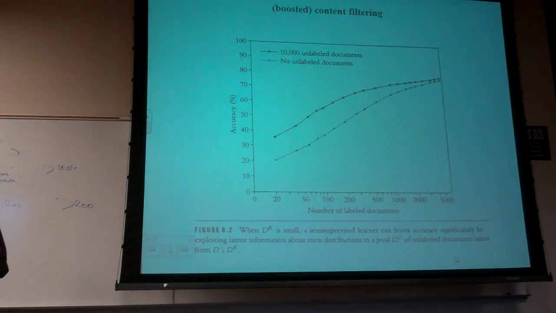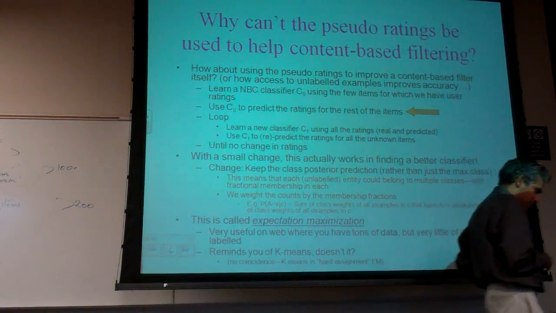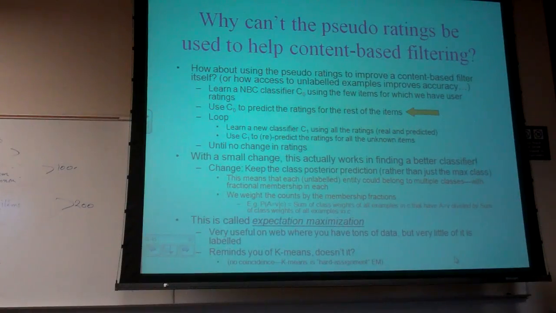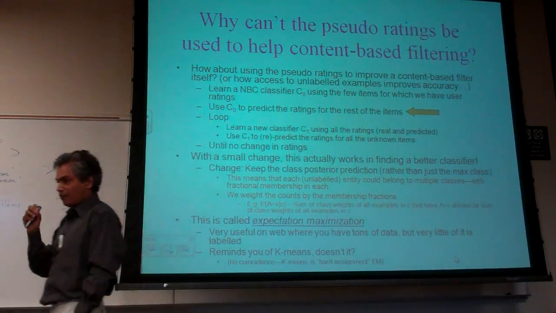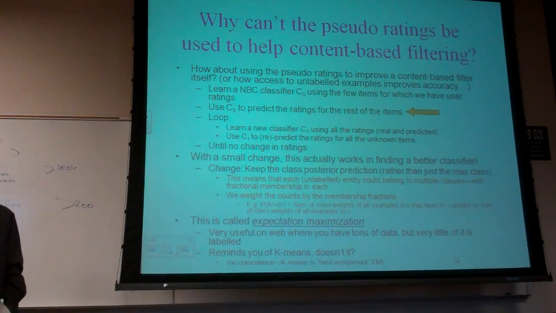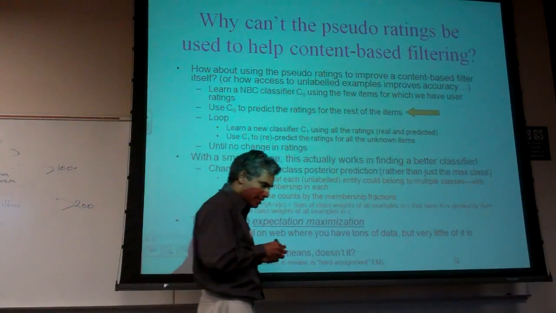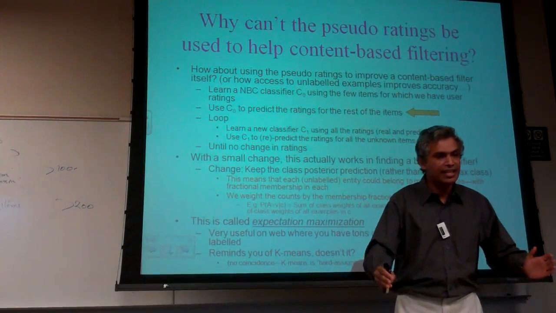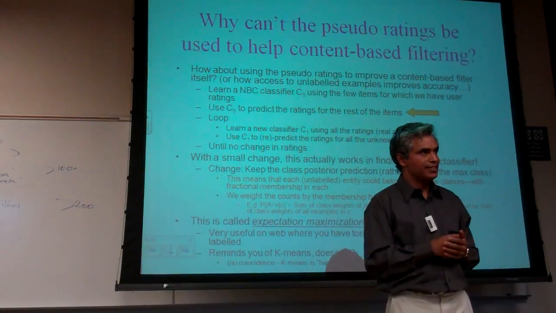So can classification learners do that? Here is a technique, and it's very simple. Let's say originally I have 50 labeled examples, and I always have a whole mass of unlabeled examples sitting there, say 10,000. I learn a naive Bayes classifier on the set of labeled examples.